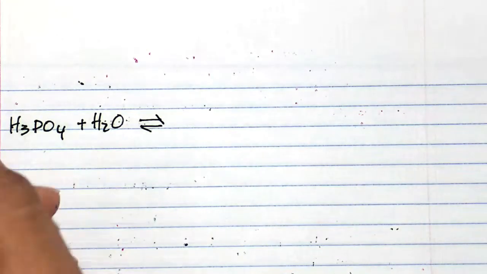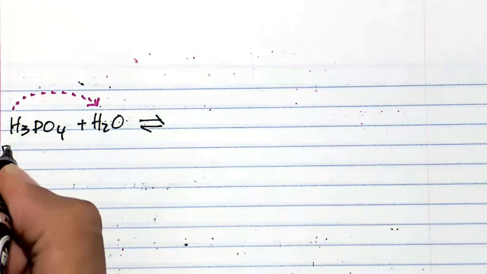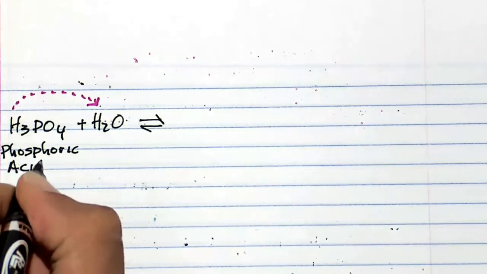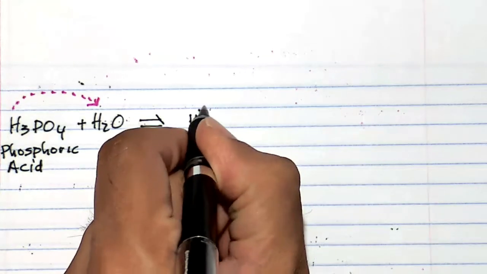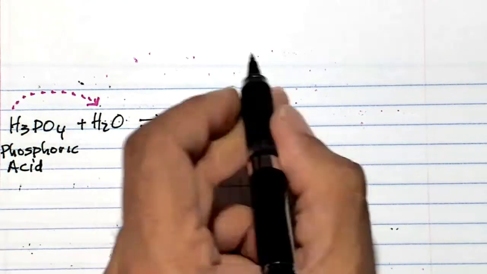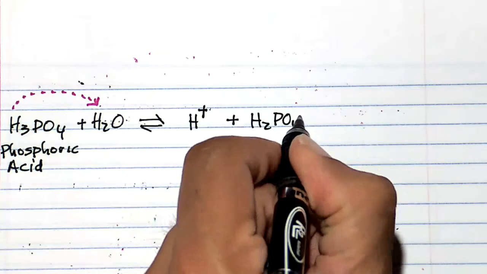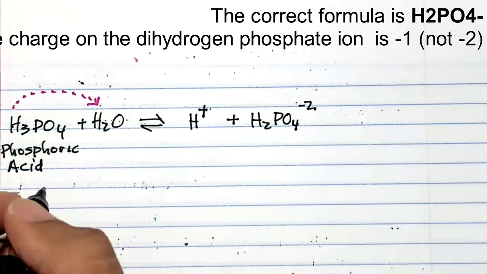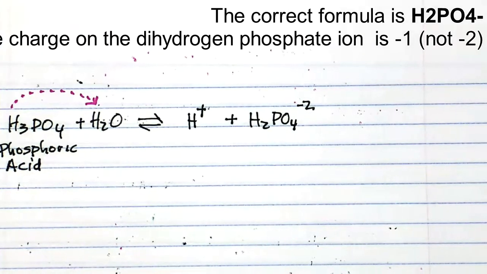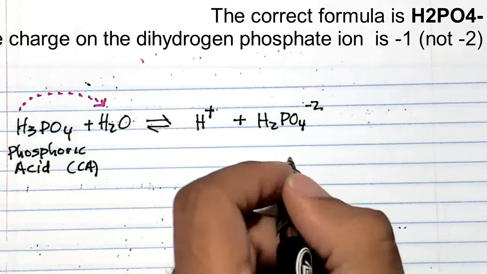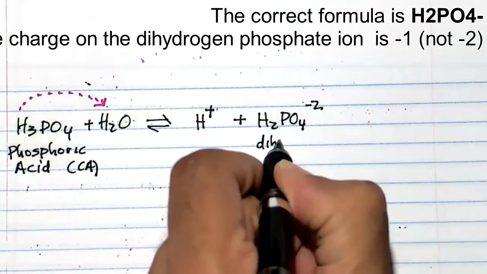One of these three protons is given off by phosphoric acid and taken up by the water. And that's going to give you H plus, as before, and then the conjugate base of phosphoric acid, which is H2PO4 minus. This is phosphoric acid, your corresponding conjugate acid, and for your conjugate acid you'll have the corresponding conjugate base, which is the dihydrogen phosphate ion.